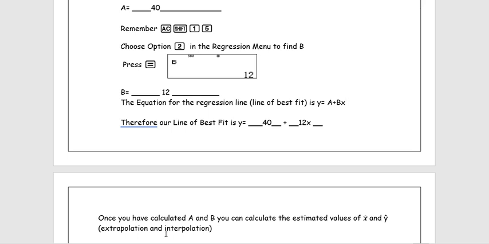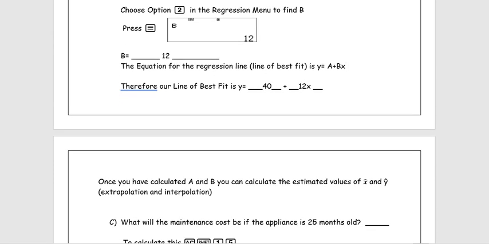If I am dealing with interpolation, inter means inside. So interpolation meaning I'm dealing with values that are going to be given inside my data set. So extra is outside my data set, inter is inside my data set.